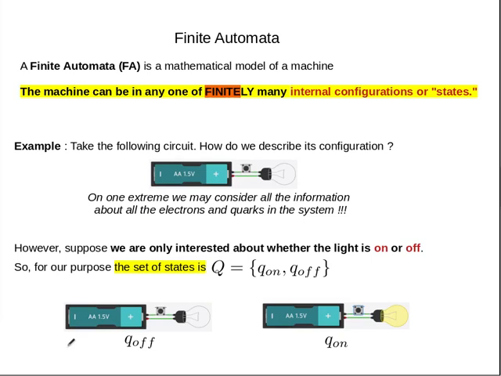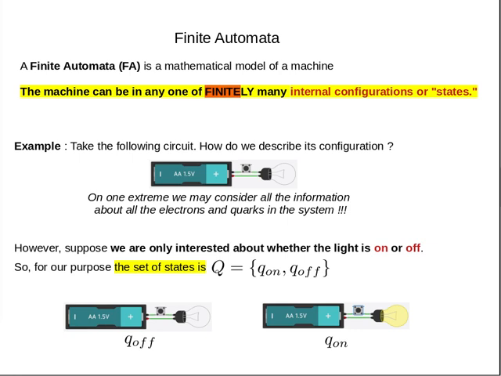So we already talked about lots of models of computation, and we said that the two main categories are automata and grammar. And even in automata there are four main categories, and the simplest one is finite automata.